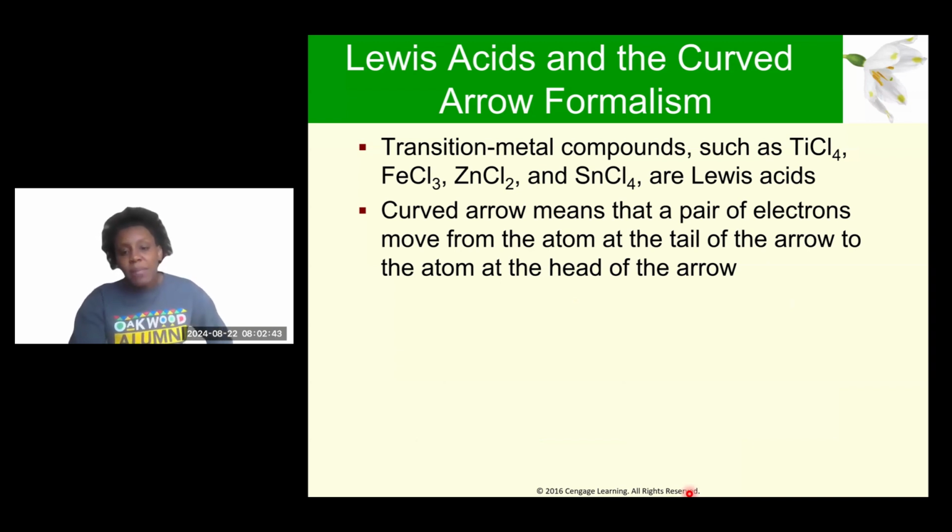So transition metal compounds such as titanium chloride, iron chloride, zinc chloride, and tin chloride are Lewis acids. That's because they have empty orbitals that the electrons can fill.